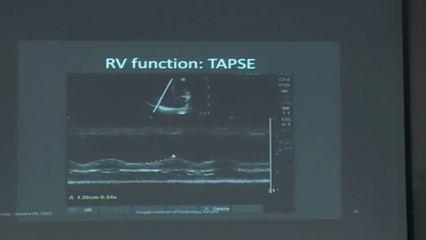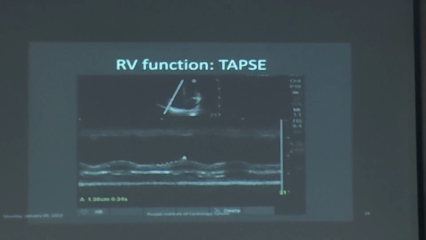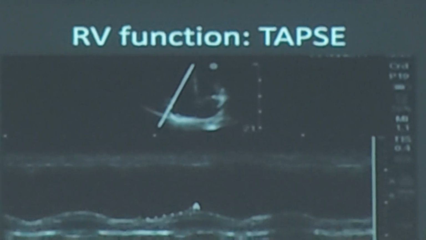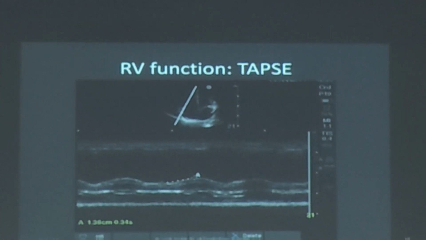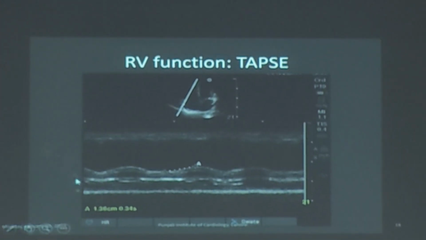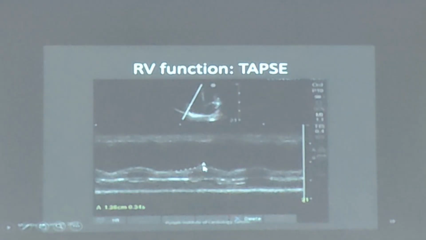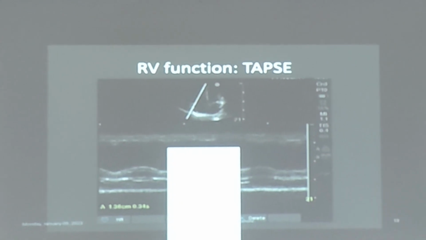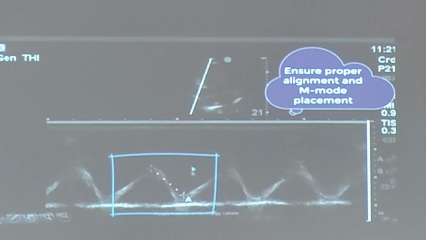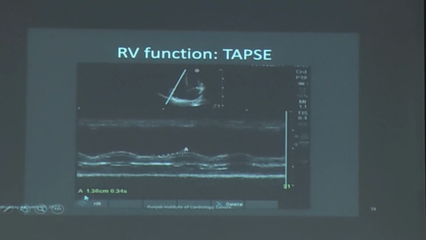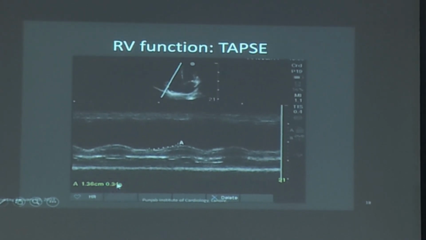This is the quantitative method. There is also the eyeballing method for RV function evaluation. You can see by eye that the motion is very good, so you can estimate that the RV function is well. In this patient, the movement of the valve is very sluggish compared to the previous one, which is very good. In this patient, the calculation is 1.36 centimeter.